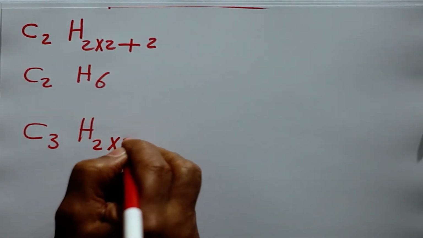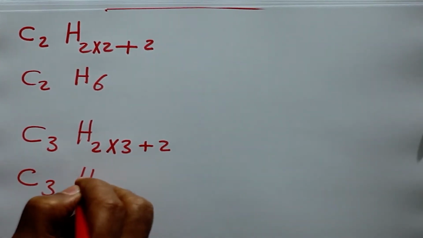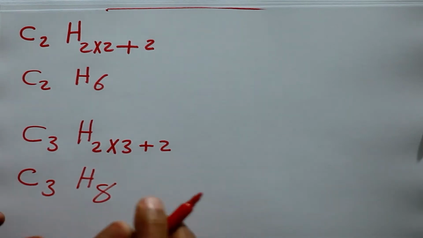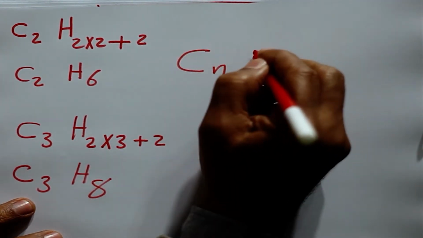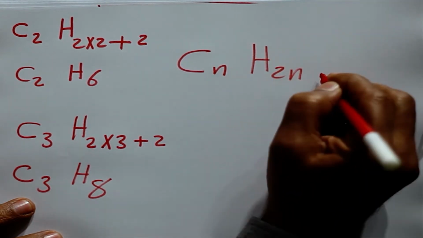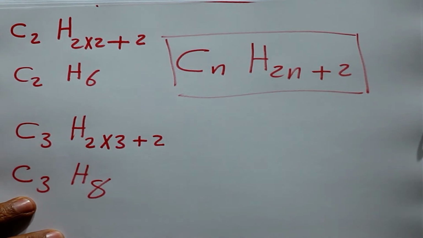C3H(2 times 3 plus 2), that is C3H8. So the general formula is CnH2n+2.